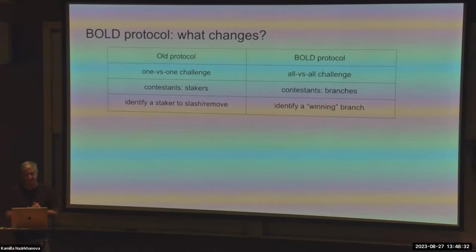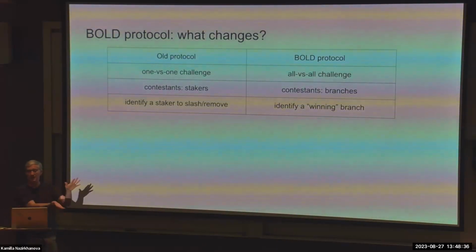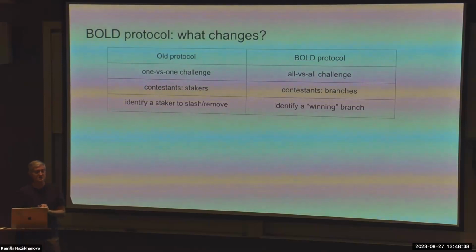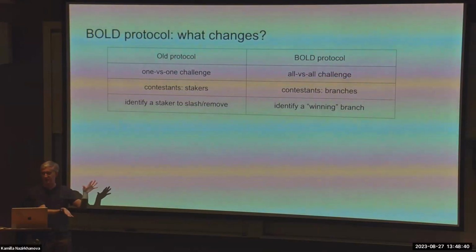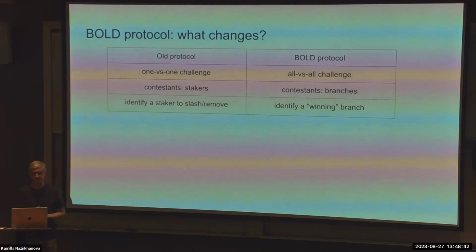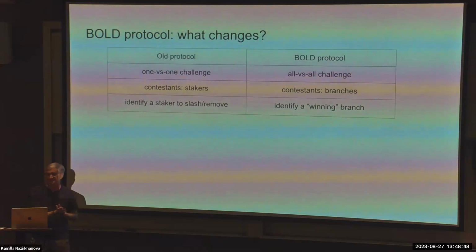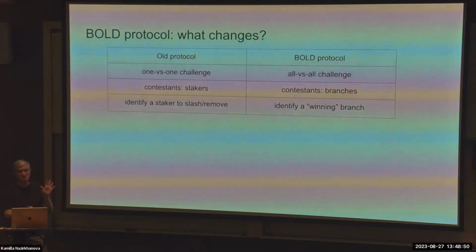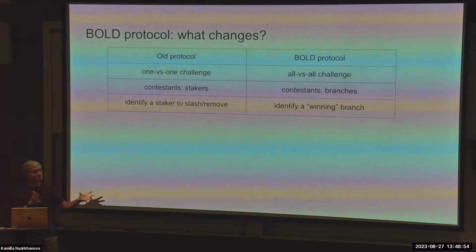In the BoLD protocol, a challenge is all versus all, so that if you have a 9-way branch in this tree of assertions, there's a single challenge to resolve that 9-way disagreement. And the contestants in that challenge are not individual stakers, but they're the branches. And what the challenge does is it chooses one branch as the winner. So that's much more efficient.